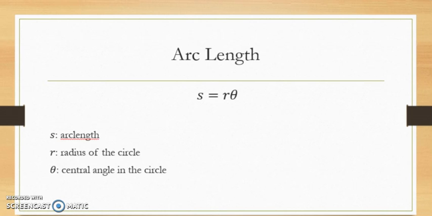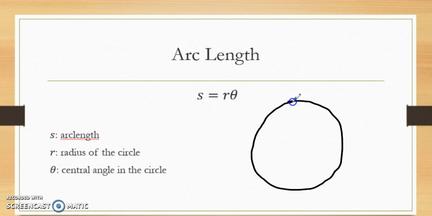The last formula we're going to talk about today deals with the arc length of a circle. The formula is that the arc length is equal to the radius of the circle times the measurement of the central angle in the circle. Let's draw a circle real quick for reference. I'm referring to having an angle on the inside, and that angle measurement is theta.